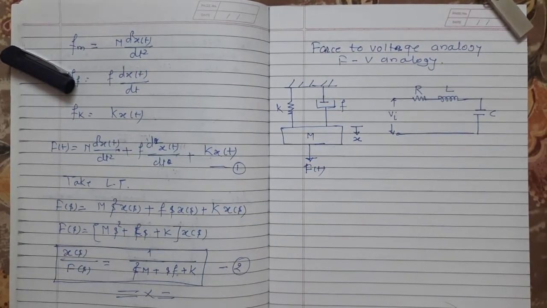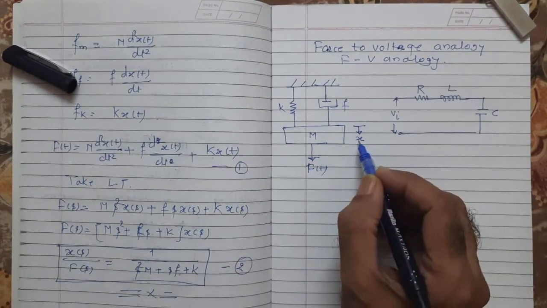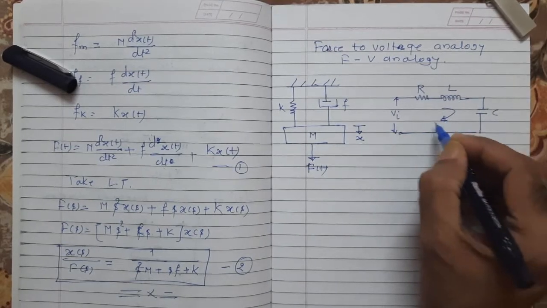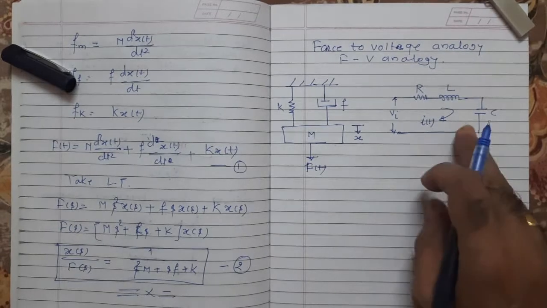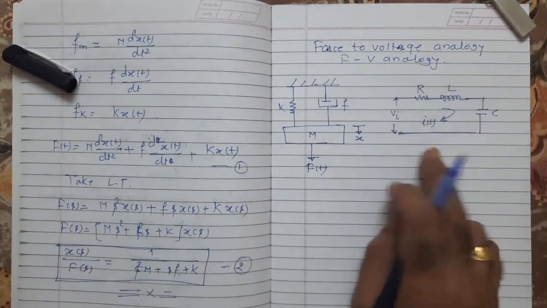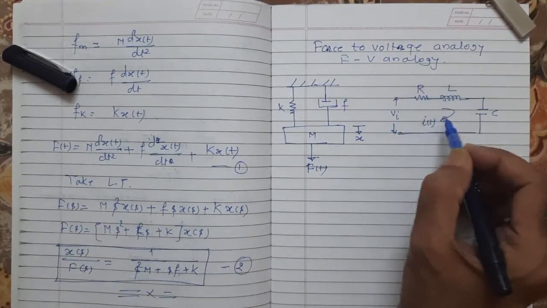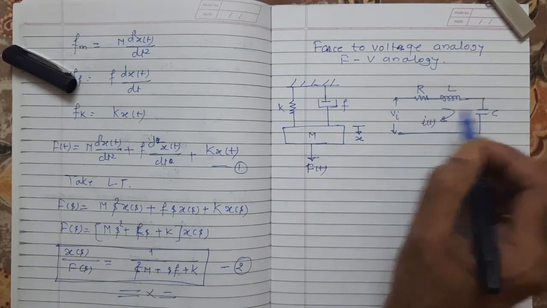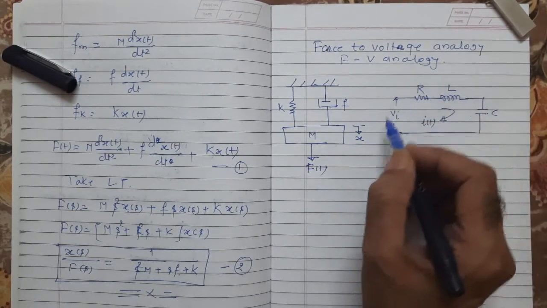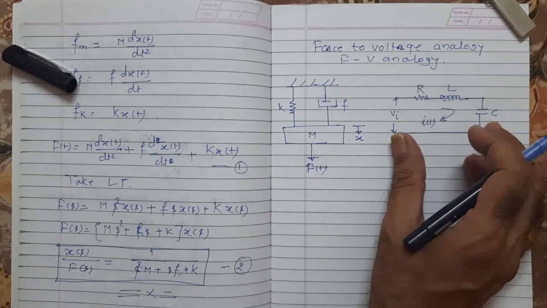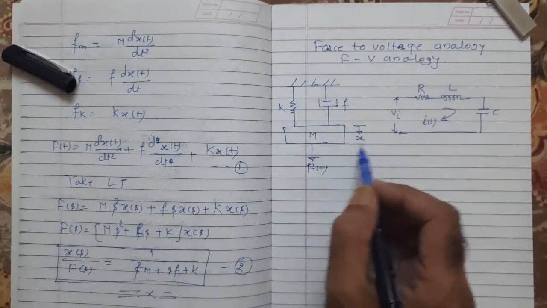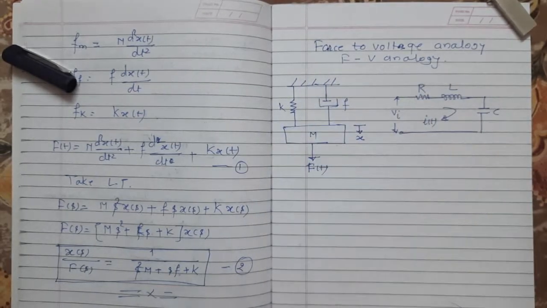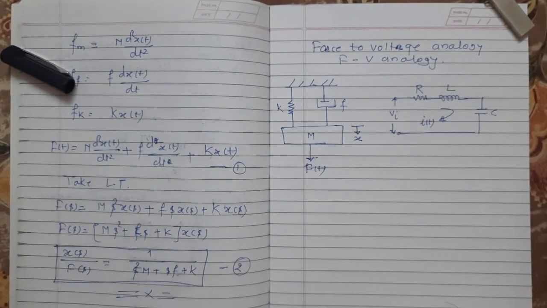Now here is the displacement, so here we will consider the current I of T. This is the direction that I assume the current is flowing. So these components RLC and the input voltage Vi form one electrical circuit. K, F, M and F of T, that is the applied force, and the displacement X, form one mechanical circuit.